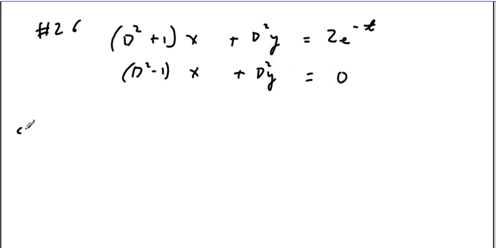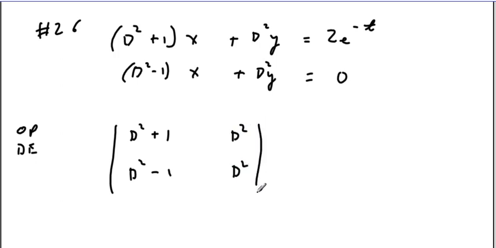Okay, I'm going to look at the operational determinant again. And I've got D squared plus 1, D squared minus 1, D squared, D squared. So I have D to the 4th plus D squared minus D to the fourth plus D squared.